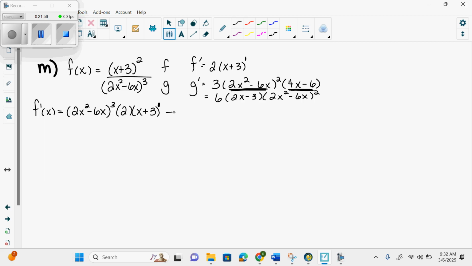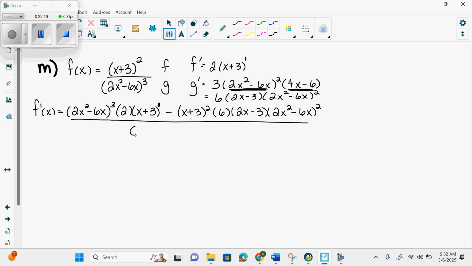But I will also do gf prime plus fg prime, because then it's the same as the quotient rule with a minus sign, right? So gf prime minus f g prime, this lovely term here, which seems overwhelming, but trust me, you will learn to appreciate these chain rules over any other one. All over g squared.